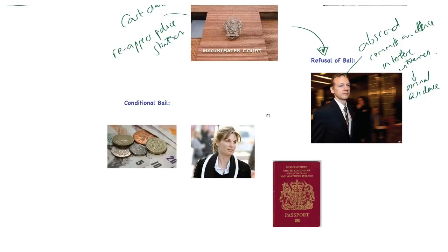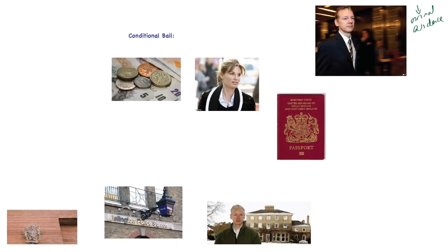But if they are given bail, then there are two different sorts: conditional bail and unconditional bail. The police or courts may impose requirements to ensure that the trial process remains fair. If they're going to bail, they might decide to apply certain conditions on the defendant, and those conditions should be specific and justifiable.